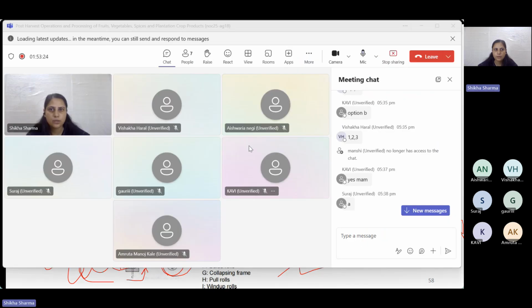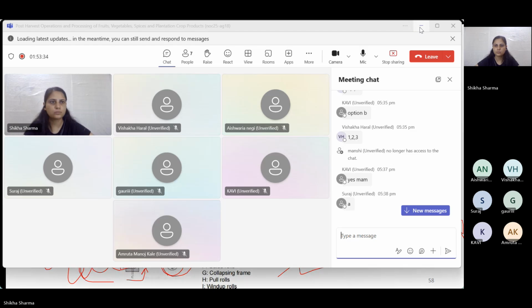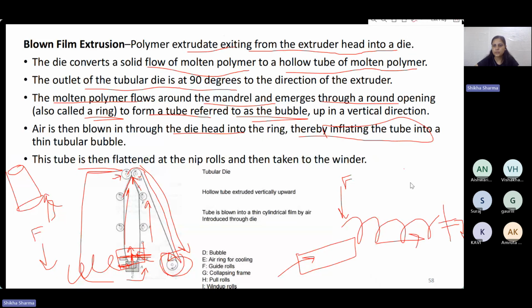The connection okay. Okay. Is this question clear to everyone?